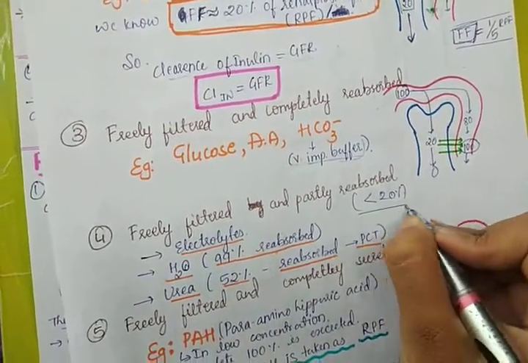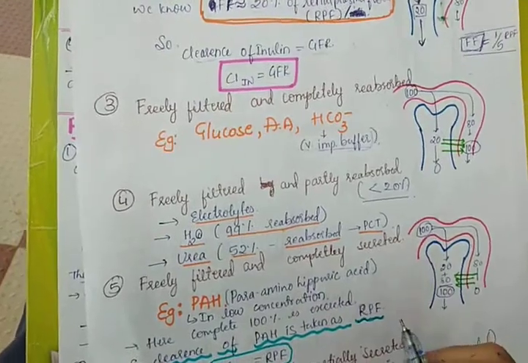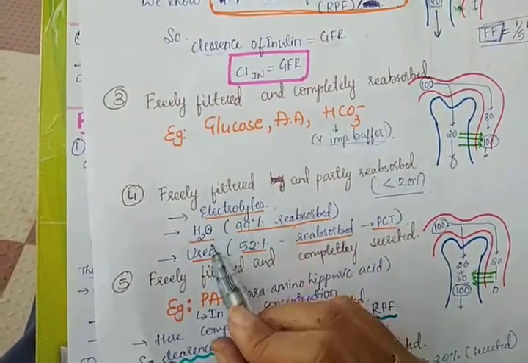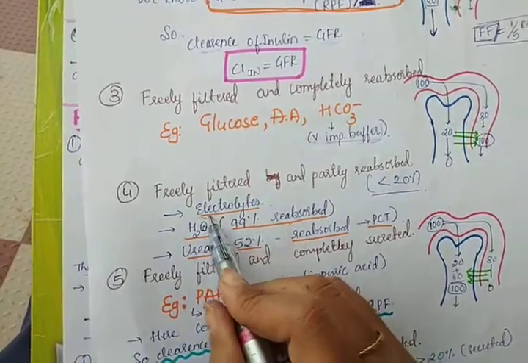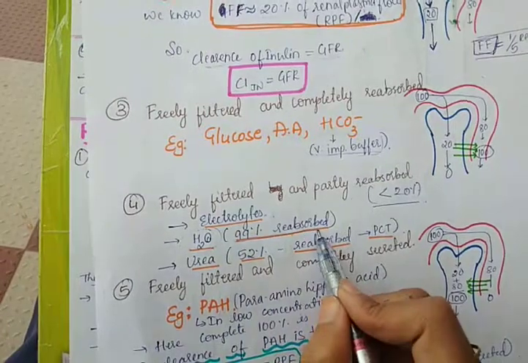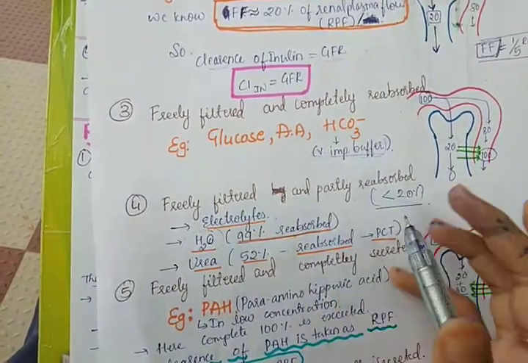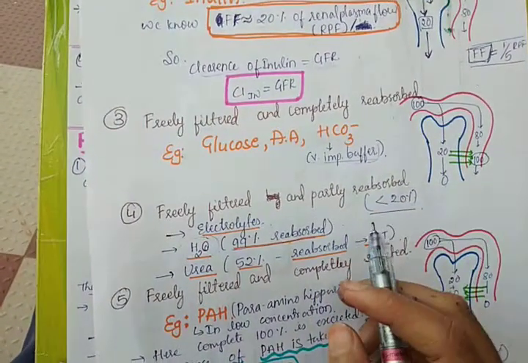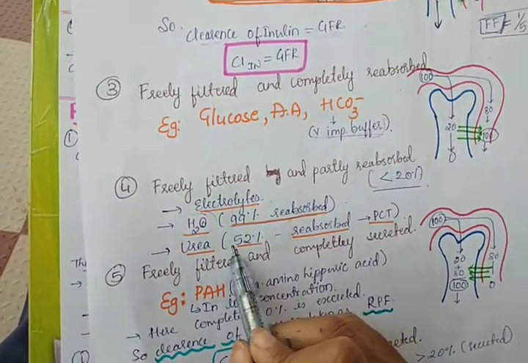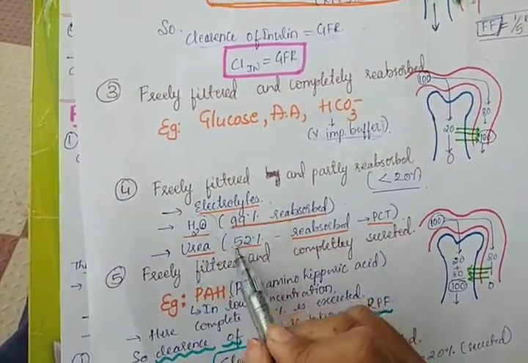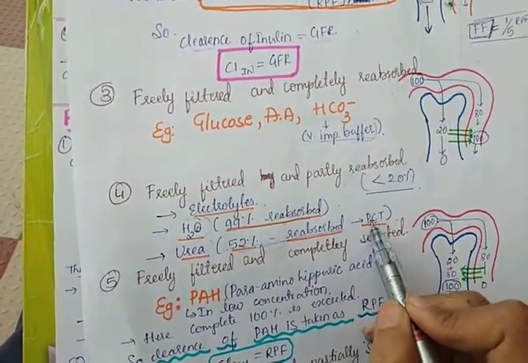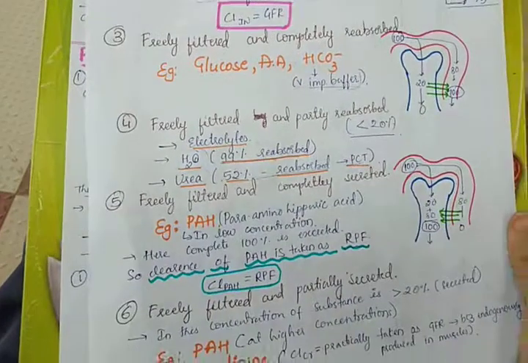Examples for these substances are electrolytes and water. Water is an example because 99% of water is reabsorbed, but 1% is excreted into the urine, so it comes under partly reabsorbed. Urea is 52% reabsorbed in the PCT, and the rest is excreted in the urine.